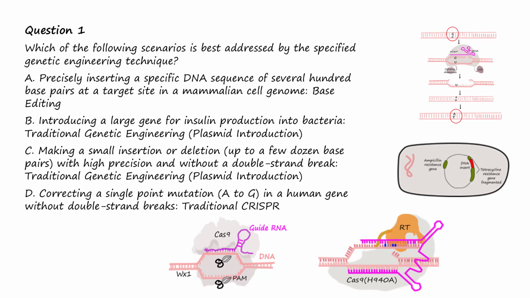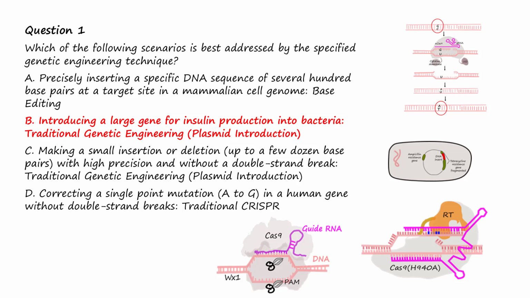C. Making a small insertion or deletion up to a few dozen base pairs with high precision and without a double-strand break, traditional genetic engineering using plasmid introduction. D. Correcting a single-point mutation, say A to G, in a human gene without double-strand breaks, traditional CRISPR.